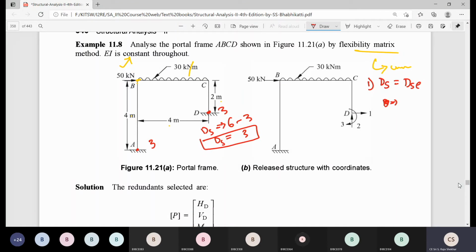That means we need to release 3 redundant forces.